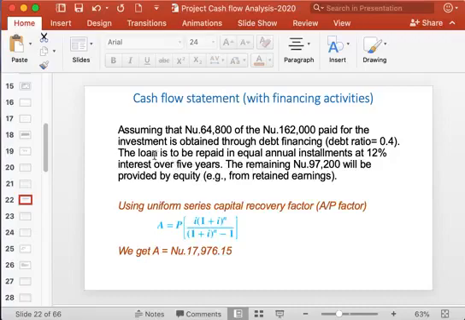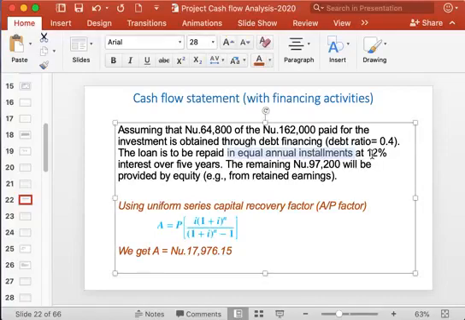Okay, so the loan is to be paid in equal annual installments at the rate of 12% interest over 5 years, and the remaining 97,200 Newton will be provided from the company itself.